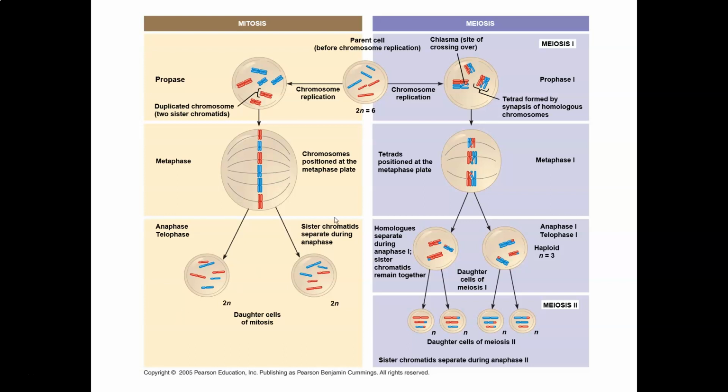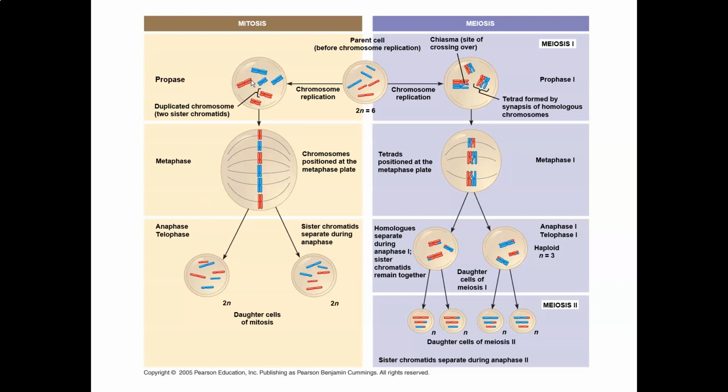In our last lecture, we talked about mitosis, which is shown on the left in the yellow box. Mitosis is a type of cell reproduction. They refer to it as asexual reproduction because the two cells that are produced, which they refer to as daughter cells, are genetically the same as the parent cell.